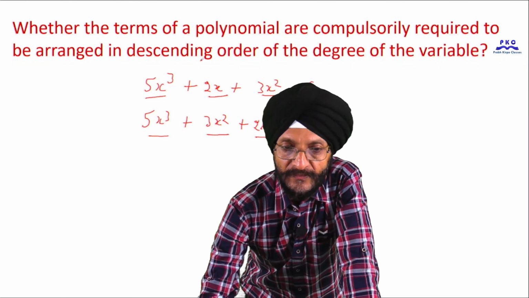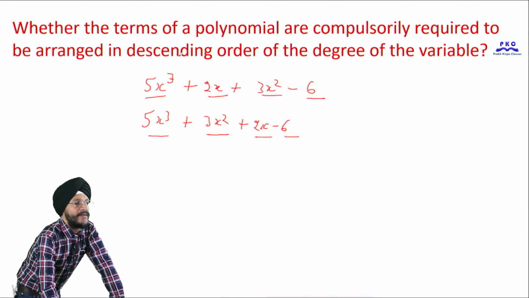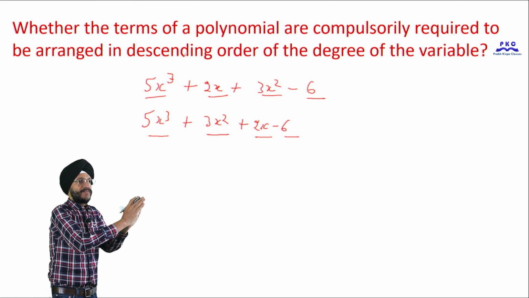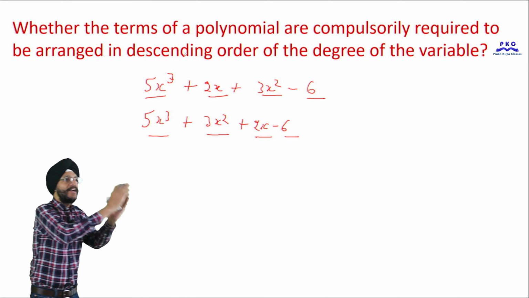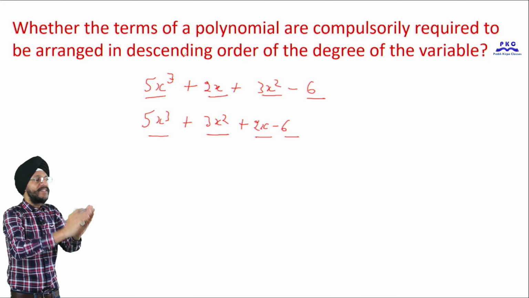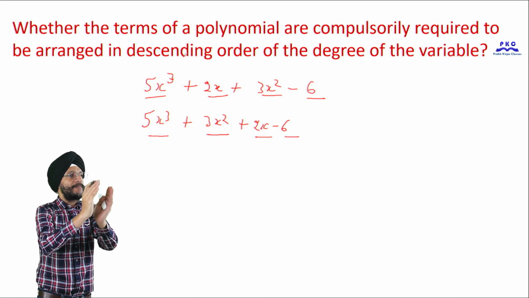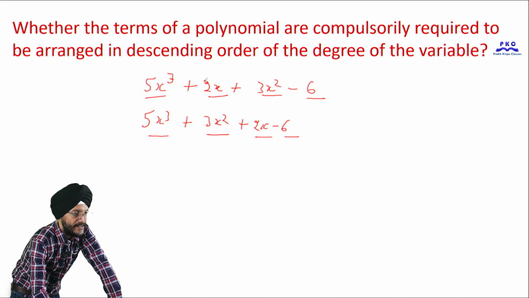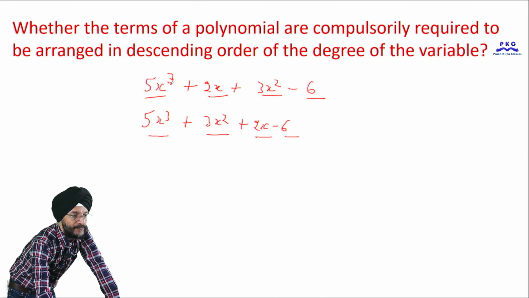That is, the term where the power is highest should come first and it should be followed by the next highest power, that is after x cube, the term with the next lower power should come.